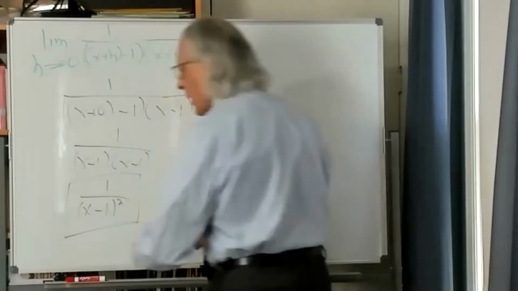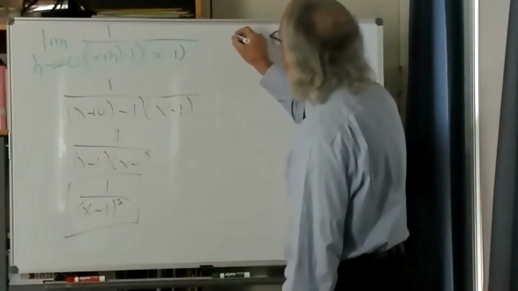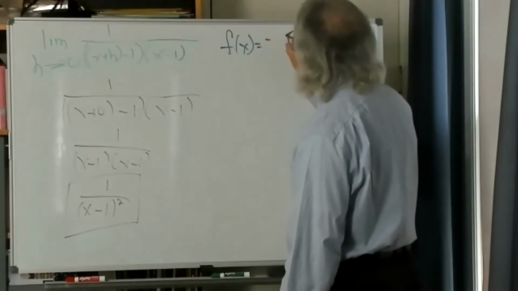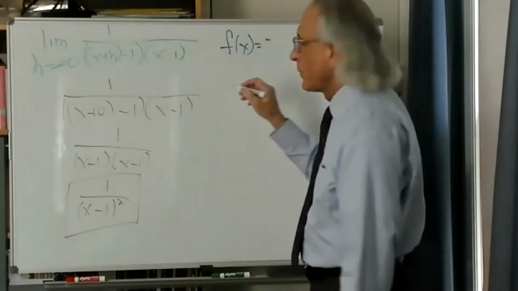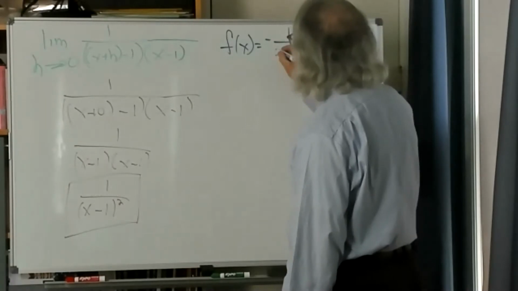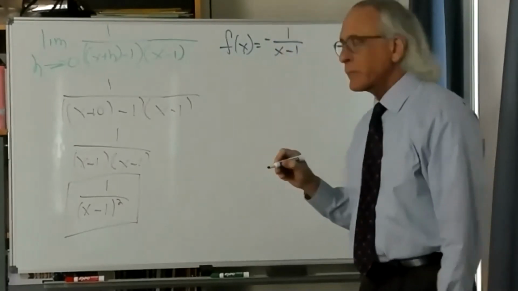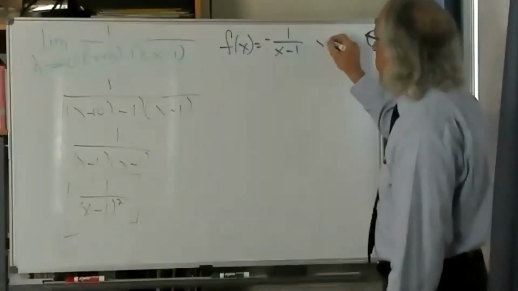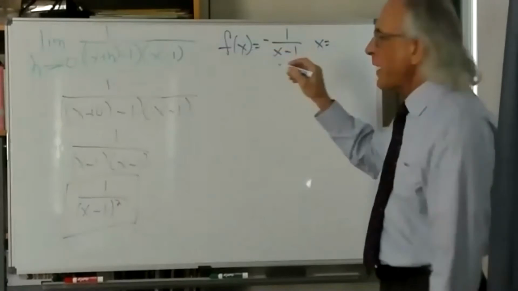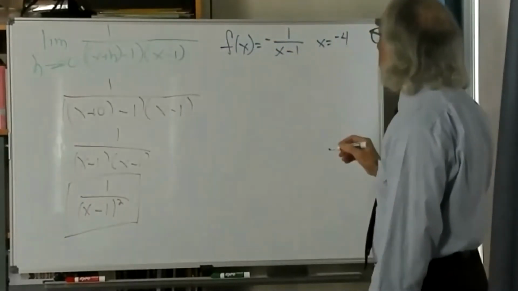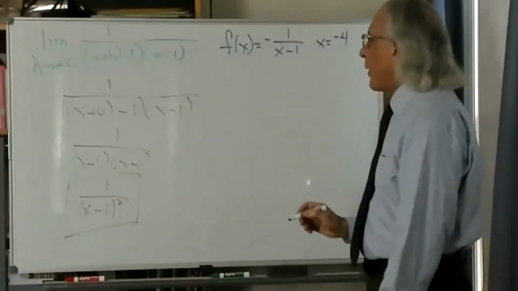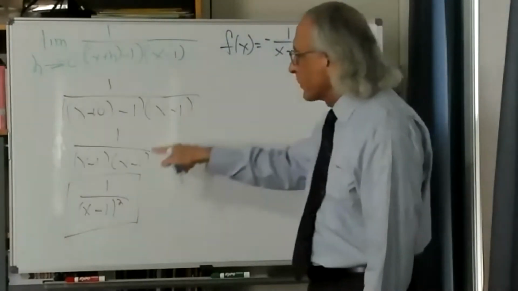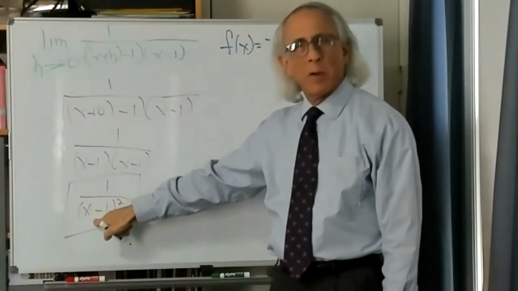All right, well, if I go back to my problem, f of x is equal to negative 1 divided by x minus 1. And I am looking to find the slope where x is equal to negative 4. So all I have to do is take this negative 4 and plug it into my formula here.